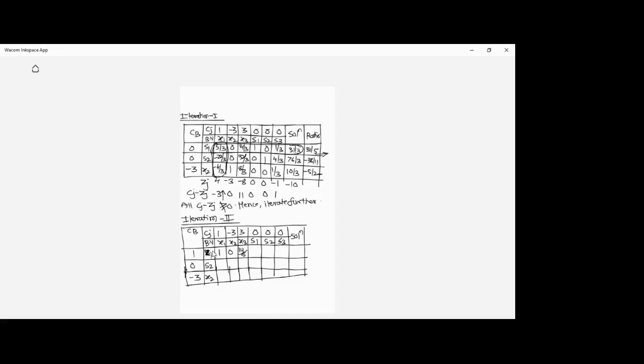Next we have 1 divided by 5 by 3, that is nothing but 3 by 5. Next we have 0 divided by 5 by 3 as 0, and 1 by 3 divided by 5 by 3 is nothing but 1 by 5. Even for the solution, 31 by 5 divided by 5 by 3 will give us the answer as 31 by 5.